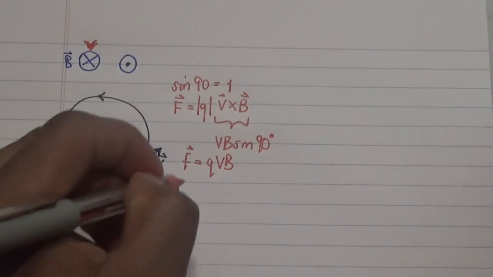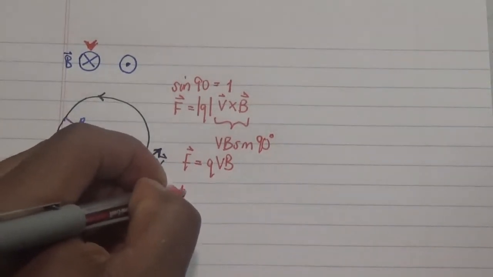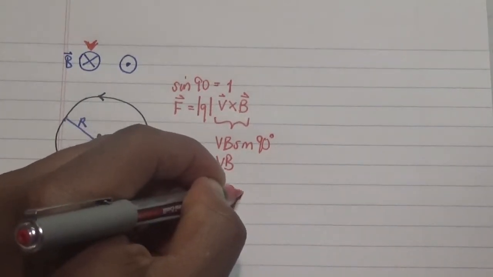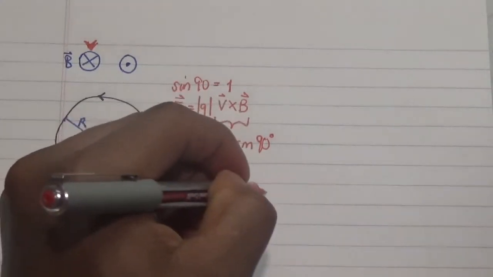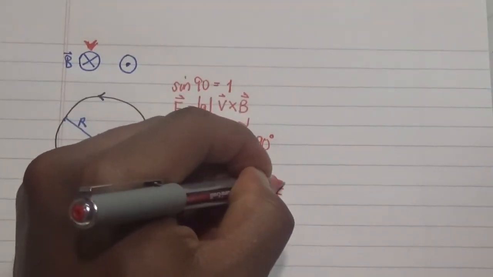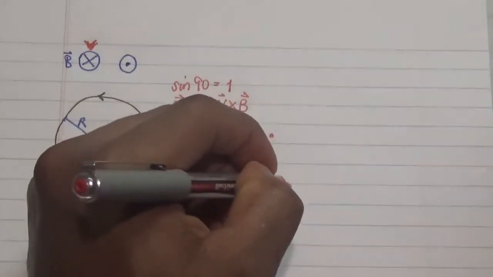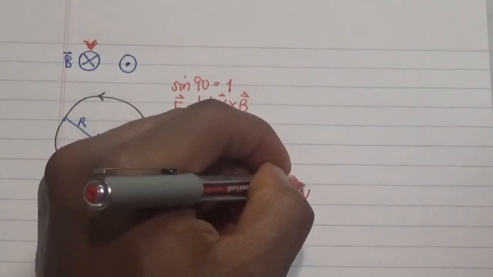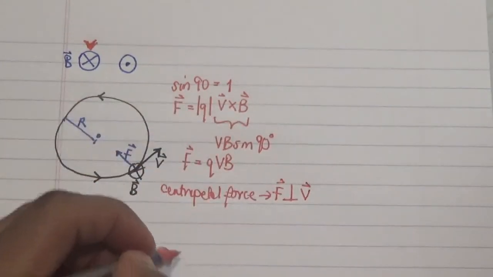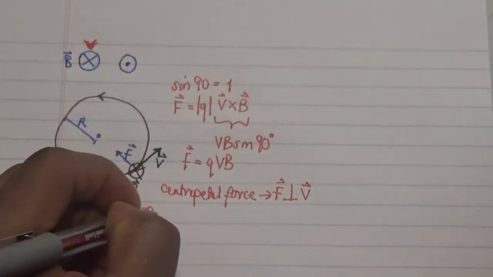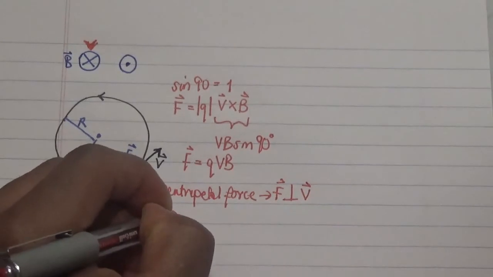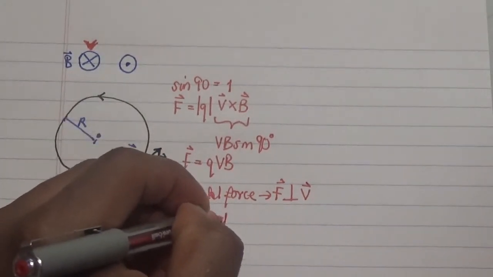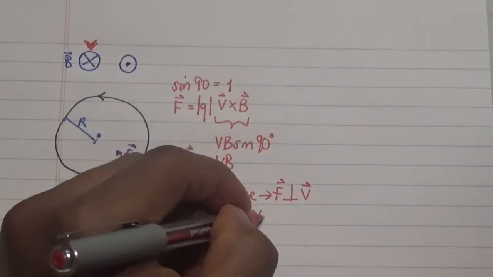Now, one thing you need to take into account is that we do note that the centripetal force is always perpendicular to the velocity. And if the quantity of charge is greater than 0, then we consider the movement to be counterclockwise.